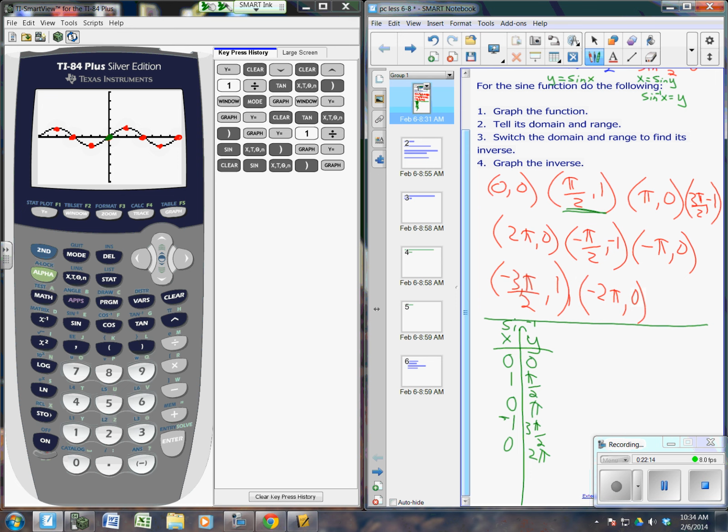So pi halves is 1 point, what is that? 1 point what? What's pi divided by 2? 1.57. So I'm going to go to 1, which is about right here, comma 1.5. Somewhere right in here, right?